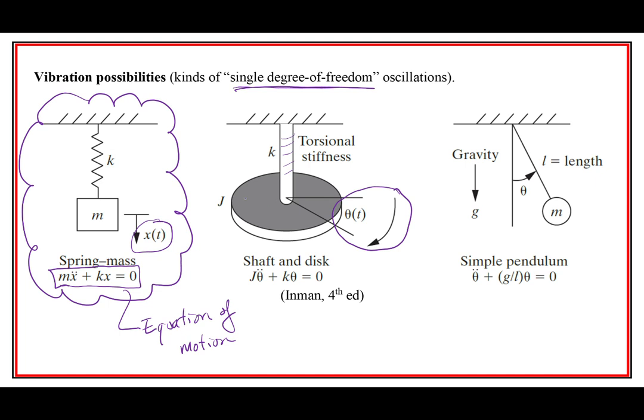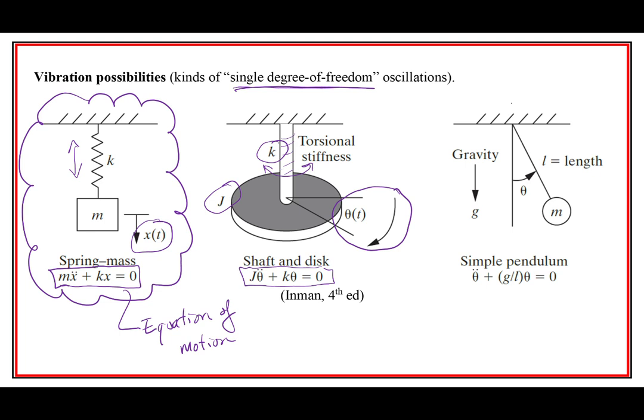And then this is a disc on here and it has mass moment of inertia, J. We often call this I back in dynamics, but here they decided to use J, and here's the equation of motion that you would get from employing this. And this is a different type of K. It's a twisting spring as opposed to a translating spring that you had over here.